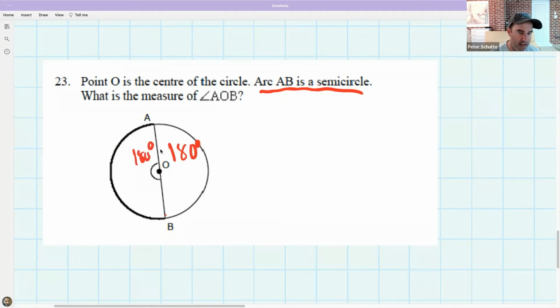It would also be 180 because together they add up to 360. So we call this an angle in a semicircle. I'll talk about that in later theorems, but you automatically know that this is 180 when you've got a diameter. It must make an angle of 180 at that point.